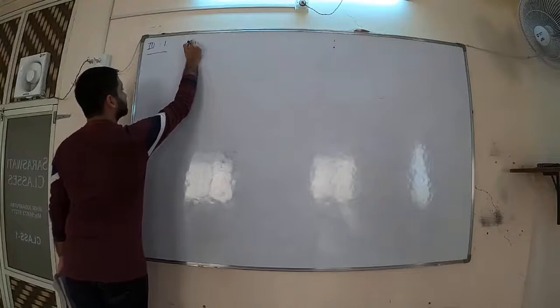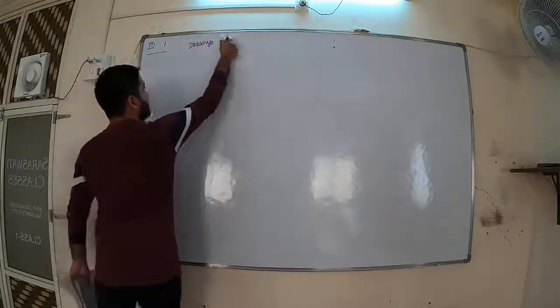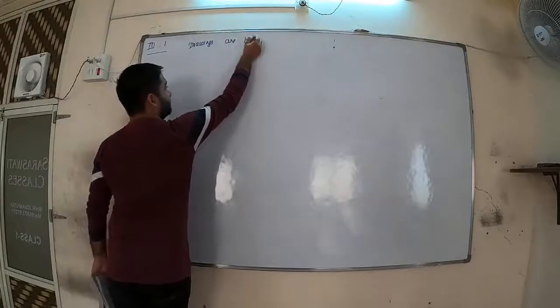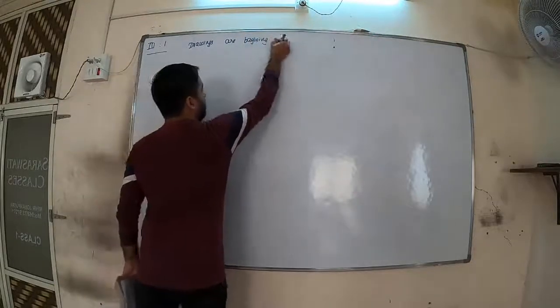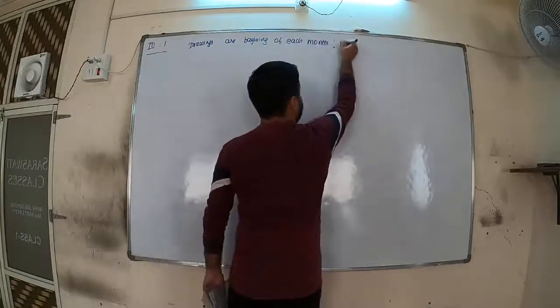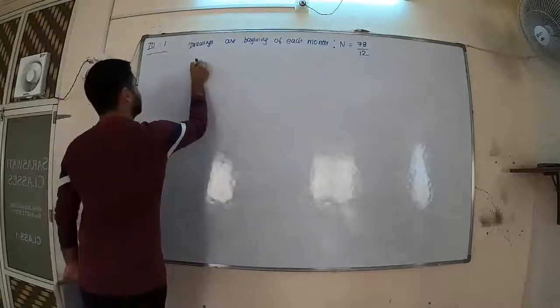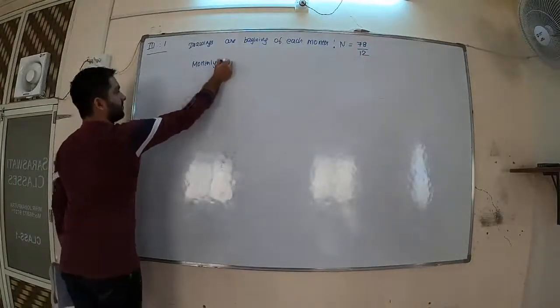Okay, now drawings are at the beginning of each month, n is equal to 78 by 12.